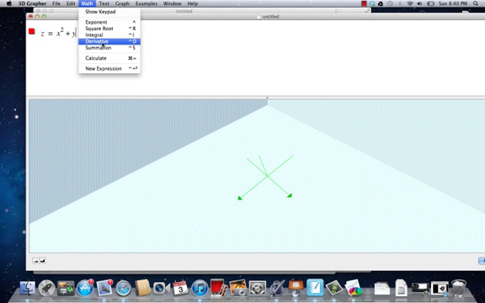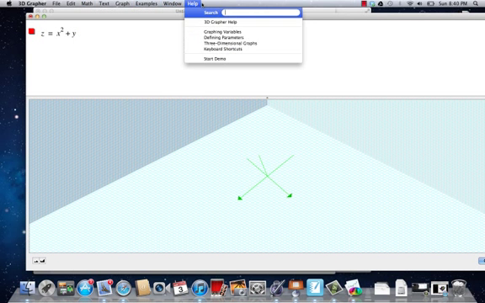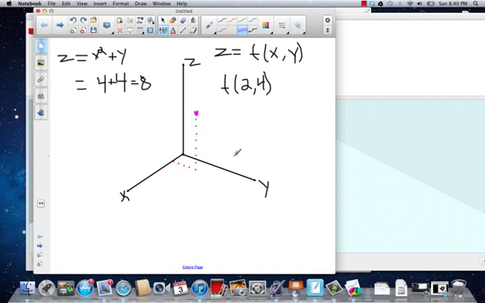So when we get a partial derivative, we are taking the derivative of z with respect to x. So what would that look like?